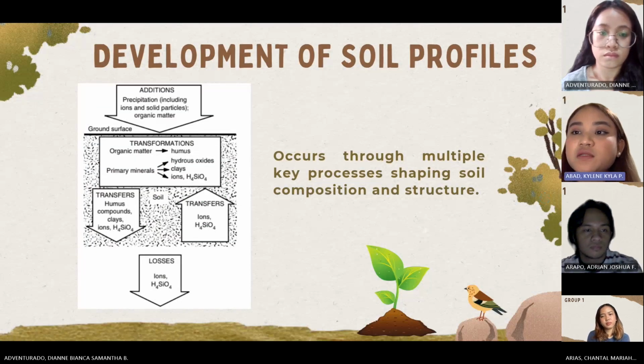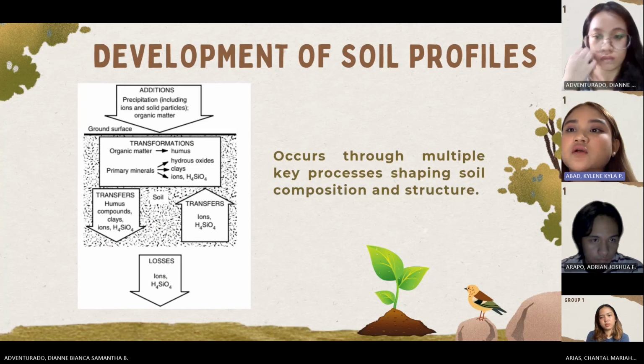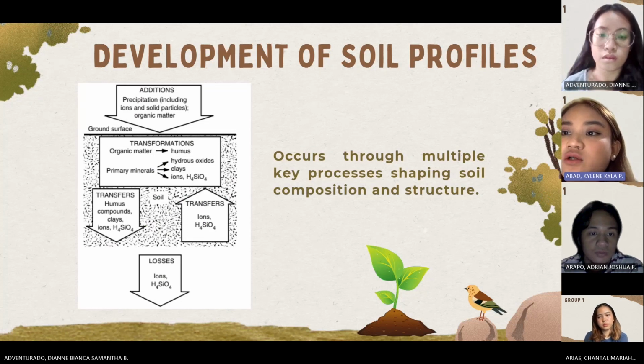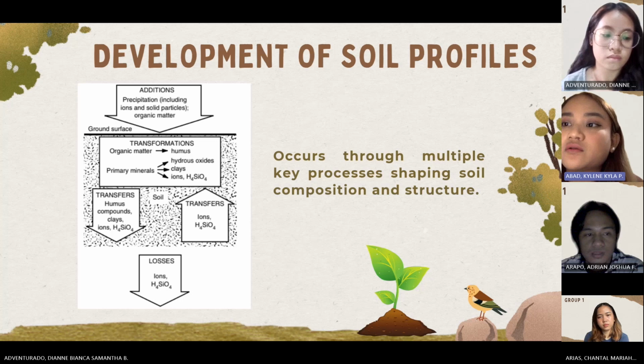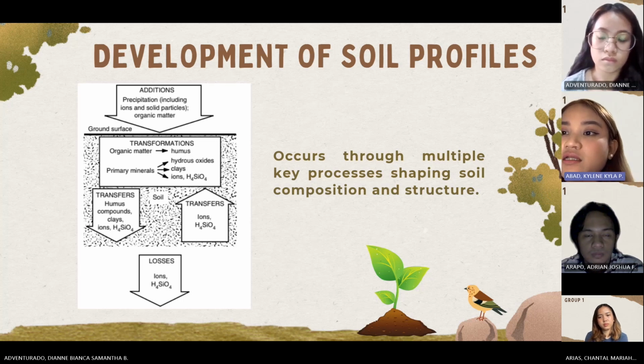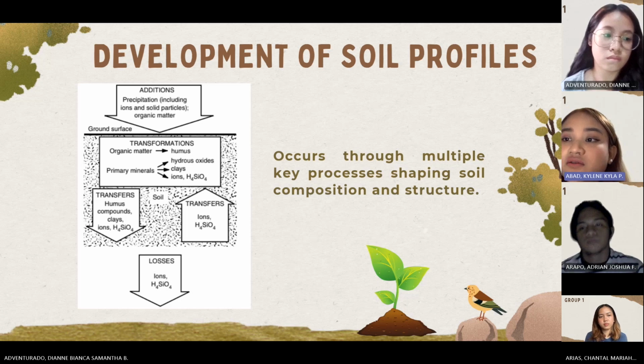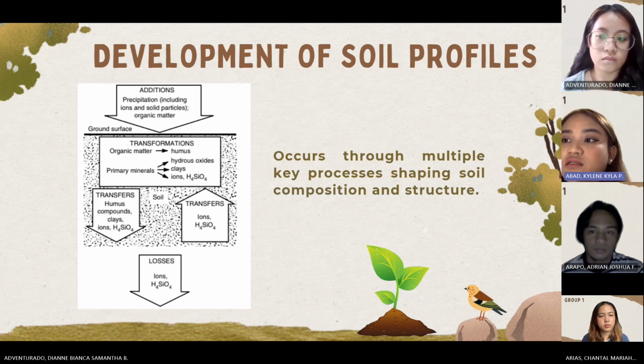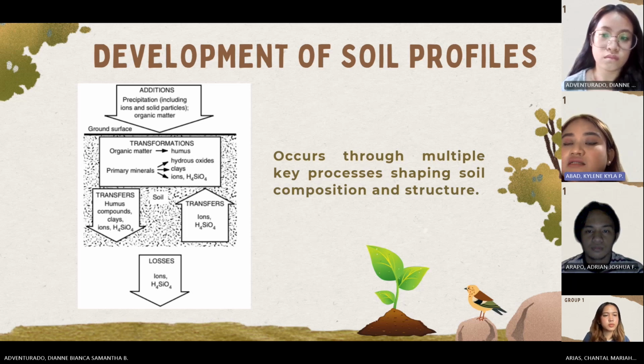So first, let me tackle the development of profiles. Soil development occurs through several key processes that shape its composition and structure over time. These processes include additions of new materials to the soil system, such as organic matter from decaying plants and animals, mineral particles from weathered rocks, and other external inputs like dust or volcanic ash.